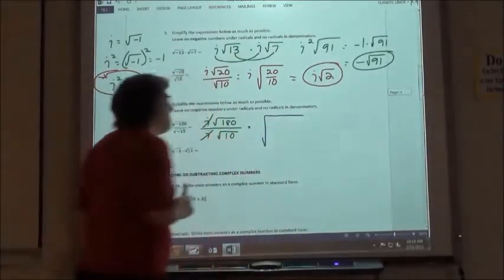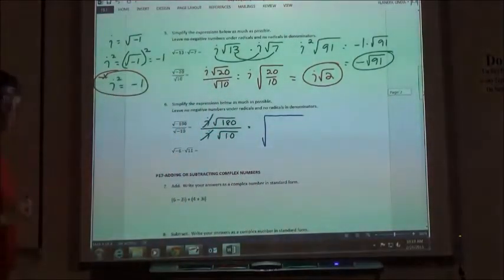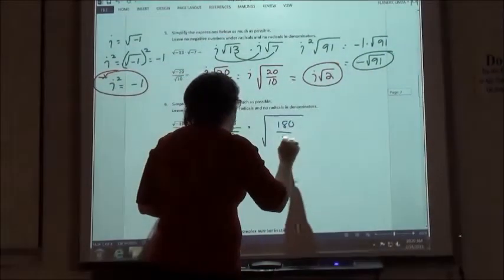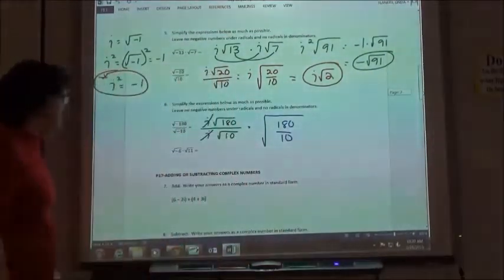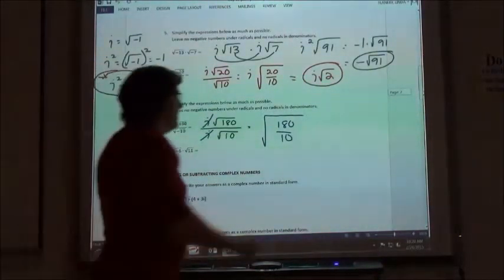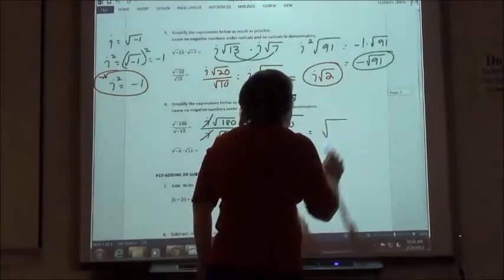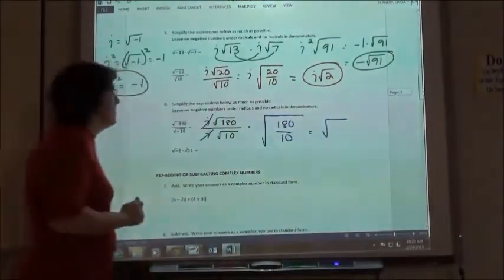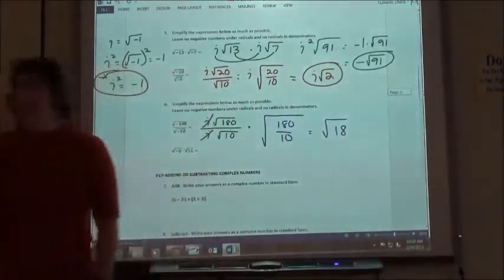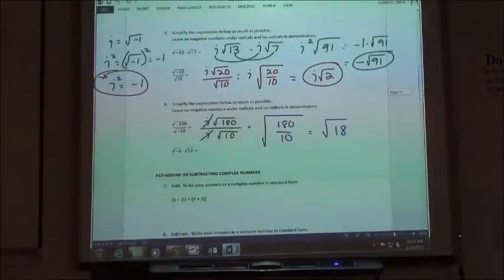So now you have the big square root of 180 over 10. Now, square root of 18 can be simplified because we can factor a perfect square out of 18. 18 is what times what? 2 times 9.